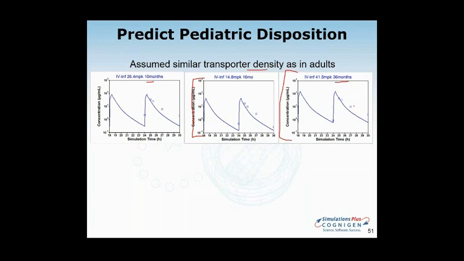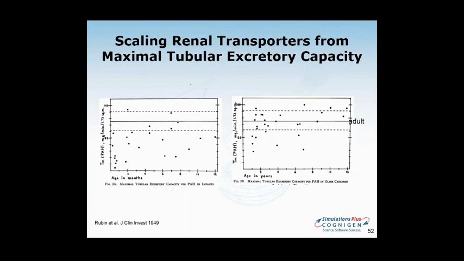So we looked at, is there something else that we can use to scale the transporter ontogeny, since we don't have the exact numbers for the transporters, but can we glean this physiological information from somewhere else? And for this, we looked at the compound which is secreted in urine by active secretion, the para-aminohippurate, and the clearances were reported for the wide range of ages, going from really newborns all the way up to adults.